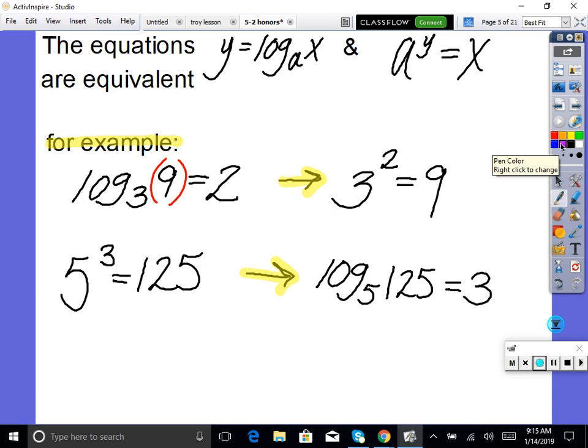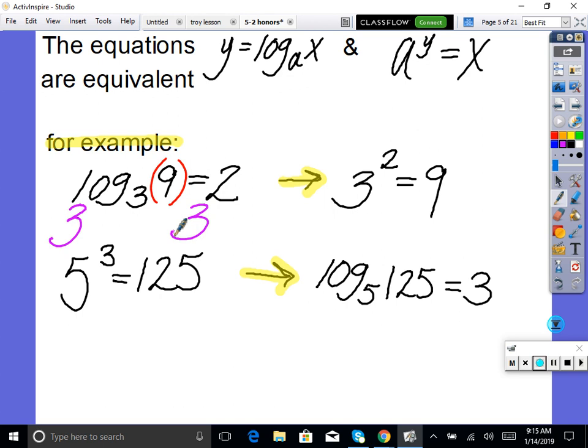I just told you inverses undo each other, which we already know. We just learned that base 3's undo log base 3's, and log base 3's undo base 3's. So if I said to you, I need you to write this in its exponential form, you'd say, okay, if that's true, I need to get rid of the logarithm. This is log base 3. What undoes log base 3 is base 3. Now, if you do it to this side of the equation, you have to do it to this side.